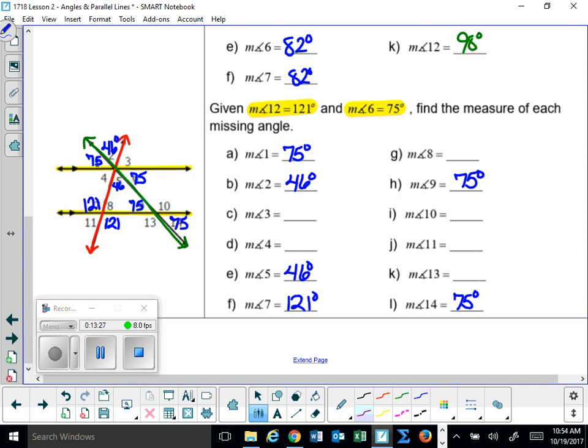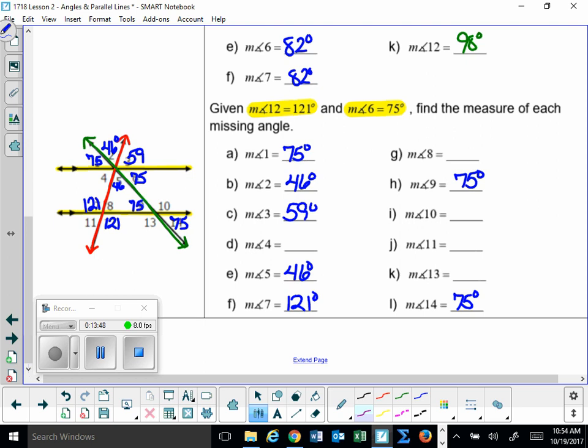So now let's look at some linear pairs. 75, 46, and angle 3 all have to add up to 180. So 180 minus 75 is 105, minus 46. I've got 59 degrees for angle 3.